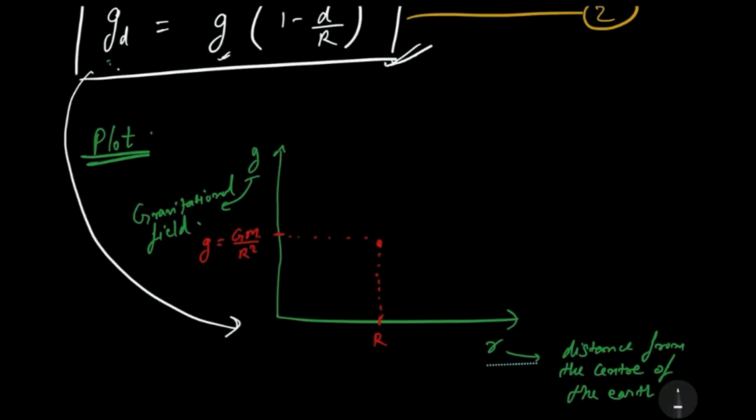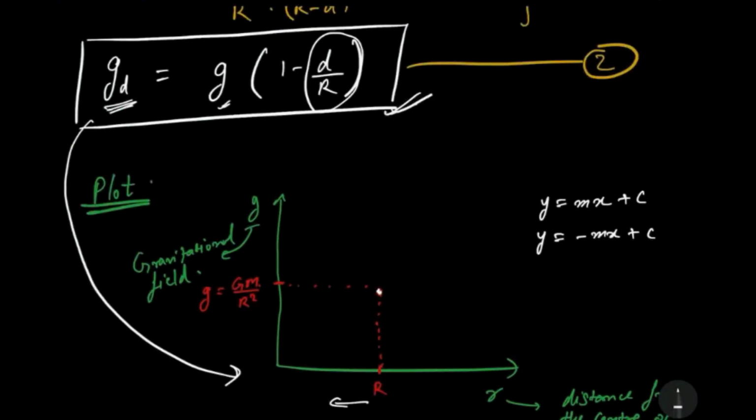As you move away from R, the g value is decreasing, and this graph is matching this format. So it's a linear decrease in terms of d. So from here, it's decreasing like that, and as you are increasing d, the value of g keeps on dipping like that.